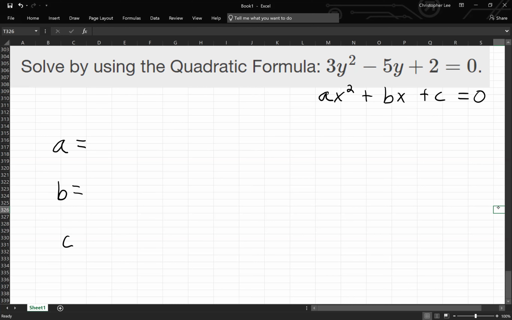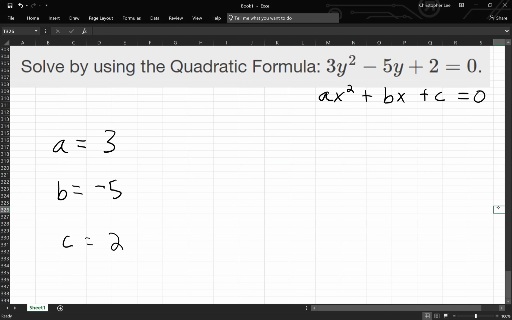In this case, a is the number in front of x squared, or y squared, excuse me. What number is that? So 3, very good. b is the number that's in front of x, so that's going to be -5. And c is the number that's standing by itself. That's a 2.